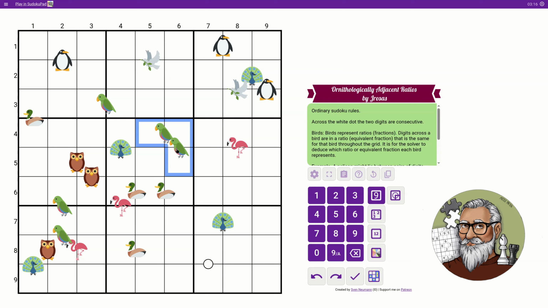This 5 would get me to 10 already, and that's not okay. Of course, if I have an 8, if I could divide, then that would be fine. But that would get me to one of the digits that I've already described, as in 2 and 8 would be one of the fractions, 1/4. Okay, so I have 4.